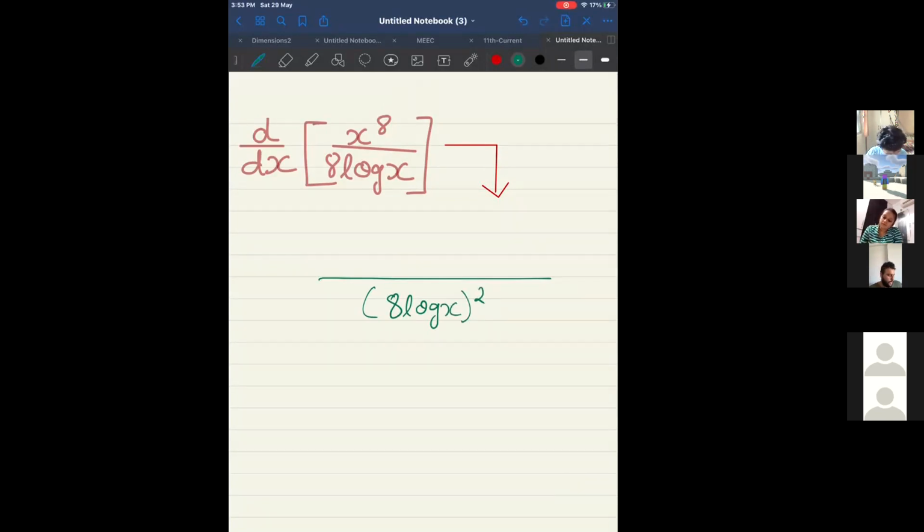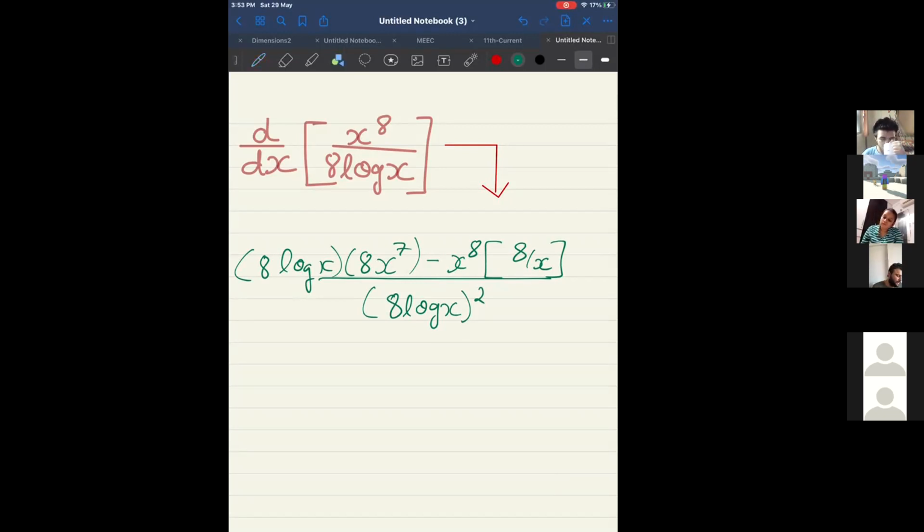And then the numerator will become denominator into differentiation of numerator: x power 8 gives 8x power 7, minus numerator into differentiation of denominator. Differentiation of 8 log x: 8 is a constant, log x gives 1 by x. Now you can multiply, you can take x out, you can open the square, but it doesn't matter.